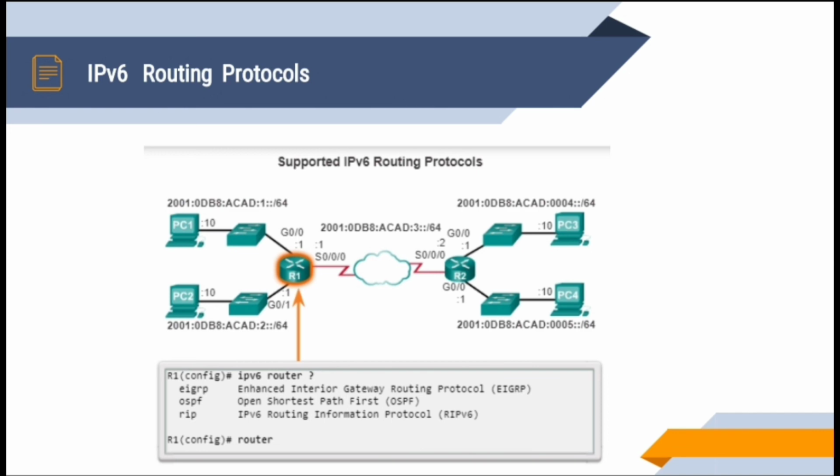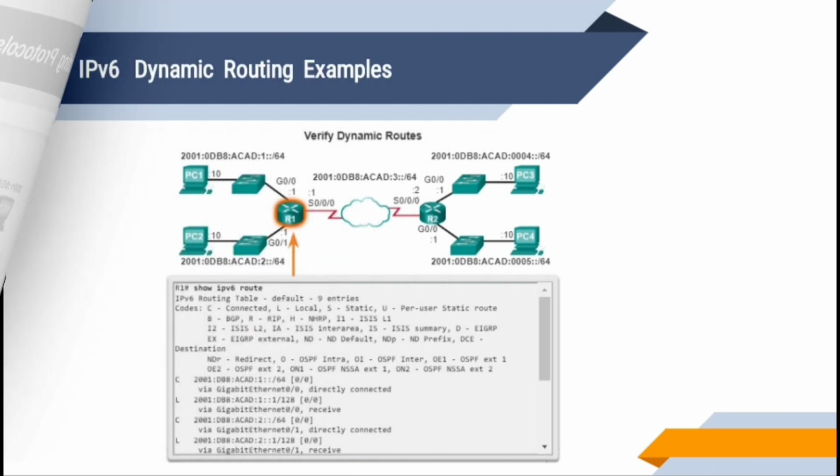Support for dynamic IPv6 routing protocols is dependent on hardware and IOS version. Most of the modifications in the routing protocols are to support the longer IPv6 addresses and different header structures. To enable IPv6 routers to forward traffic, you must configure the ipv6 unicast-routing global configuration command.